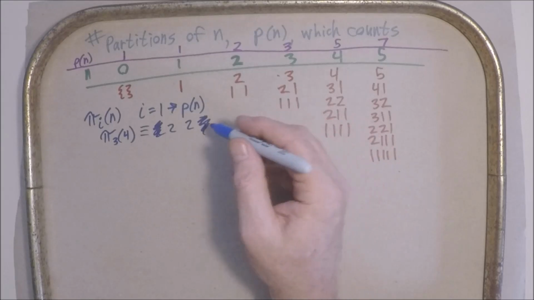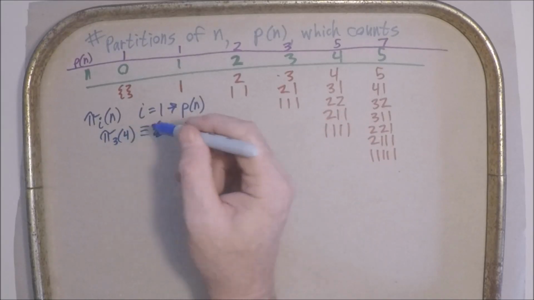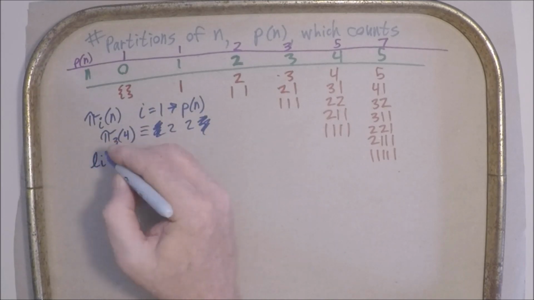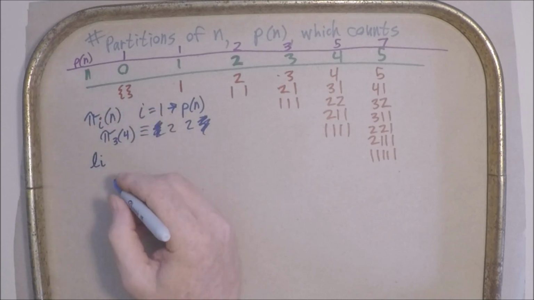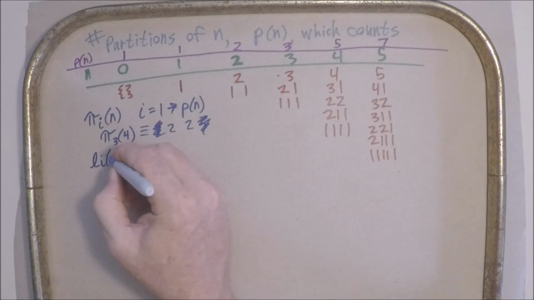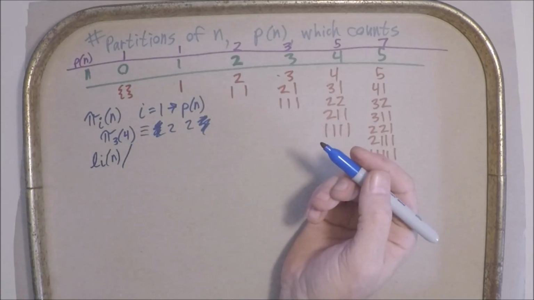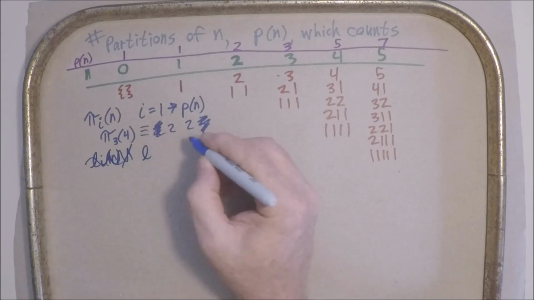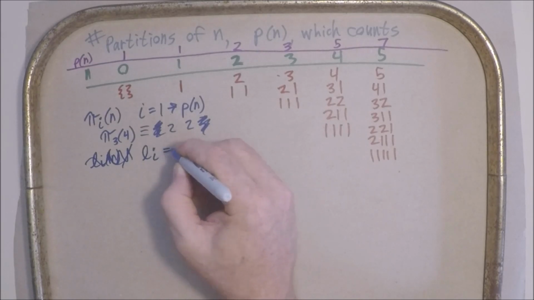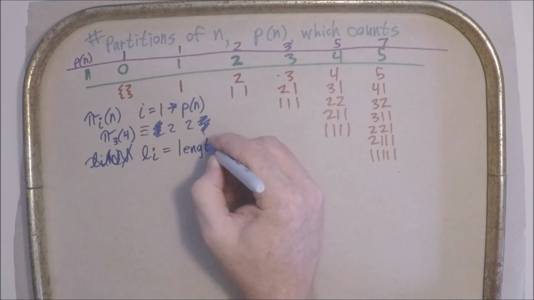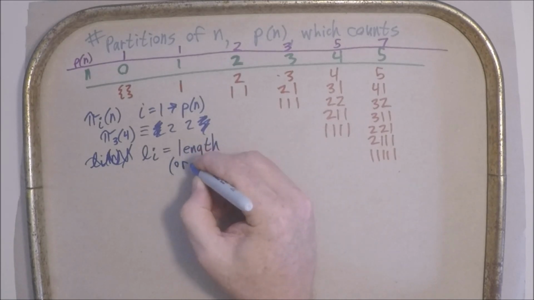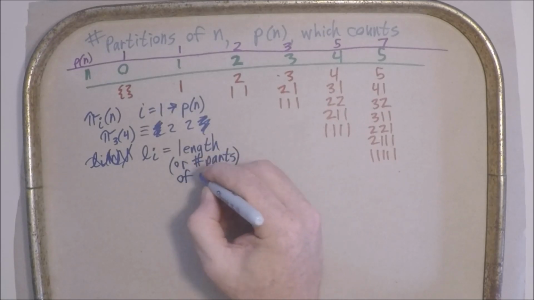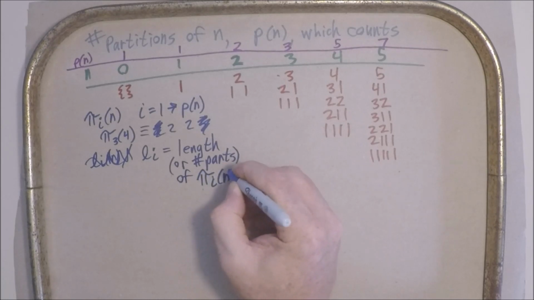And so further, now that we have identified a partition, the ith, or the third, we can say that L sub i, so this i always matches the i on pi, and we could put L sub i of n, but if it's not ambiguous, we can just leave that off. So we can say L sub i equals the length or number of parts of pi sub i of n.